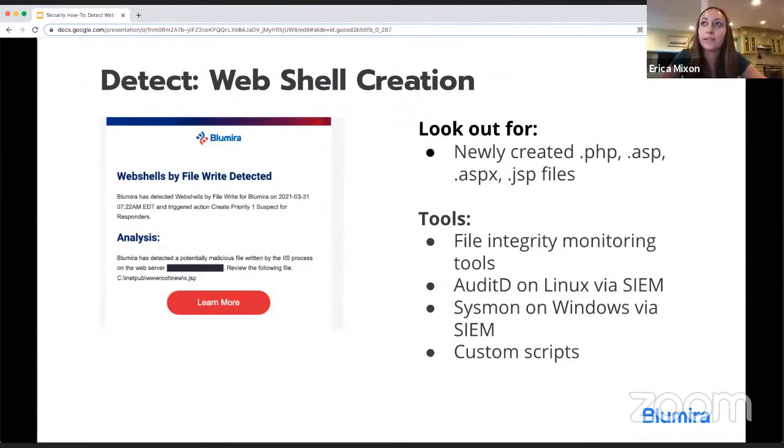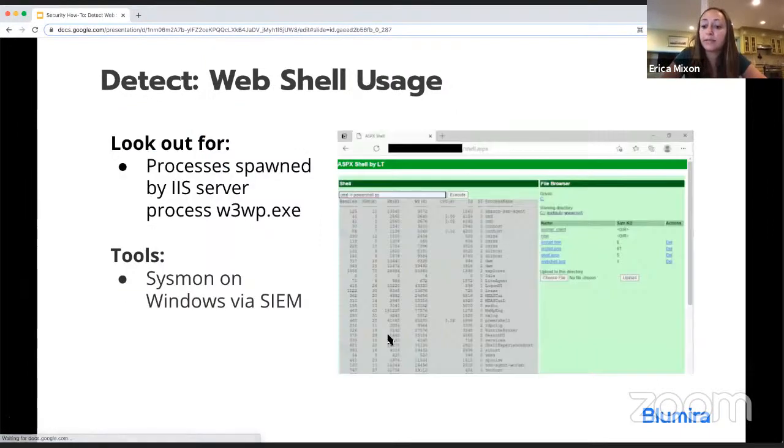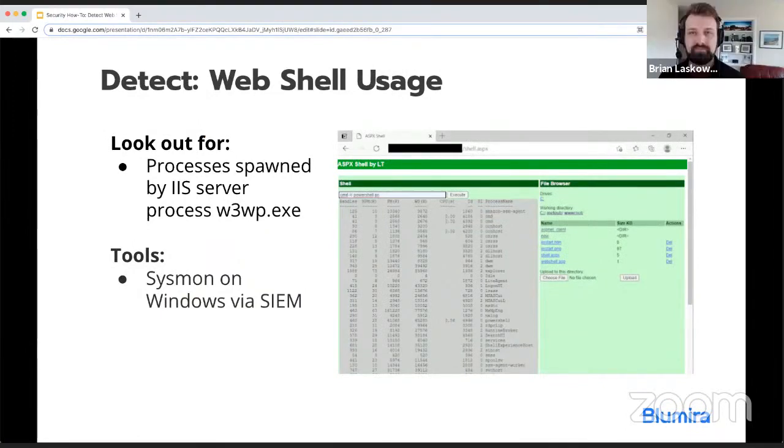Okay, and that's a nice segue into our next slide, which talks about web shell usage. Can you tell me a little bit about this phase in the web shell attack stage? Yep. On screen here, you're seeing a Windows ASPX web shell that we were using during some of our testing. It's a little bit blurry, but essentially in the browser, I'm issuing a PowerShell command through that web shell.